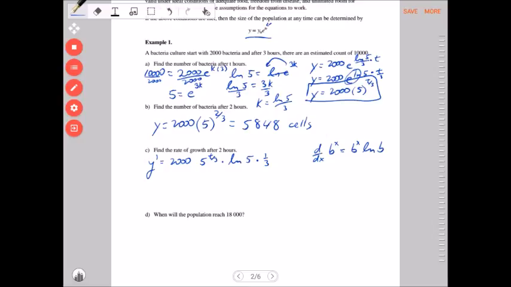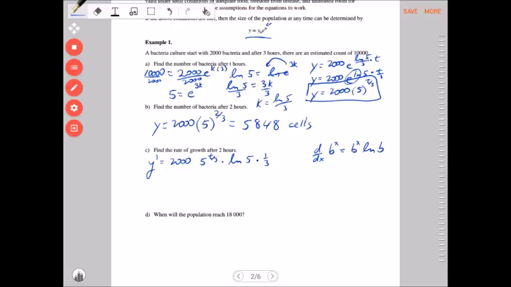So the derivative of 5 to the t over 3 is 5 to the t over 3 ln 5, and then chain ruling out the t over 3. So that's that.